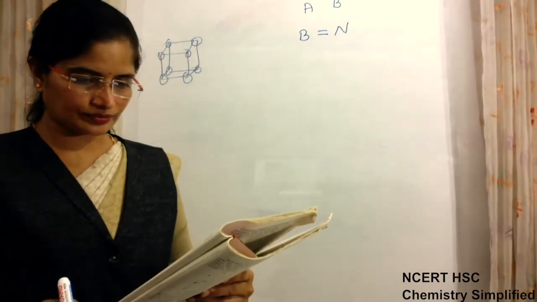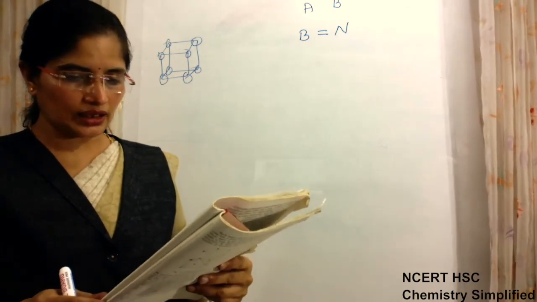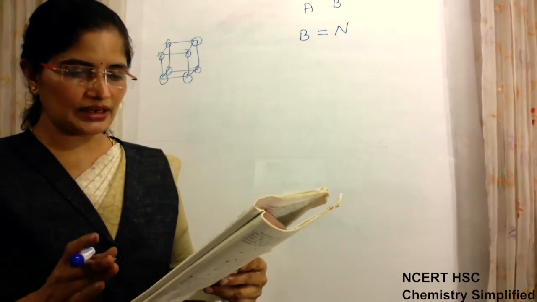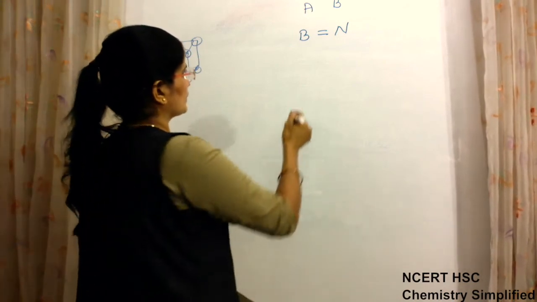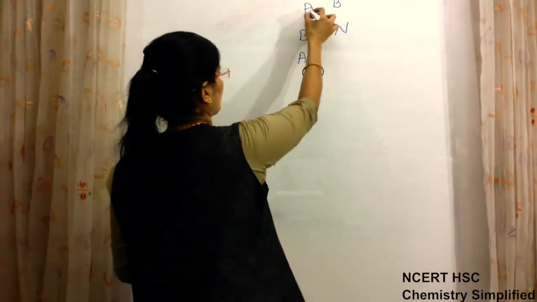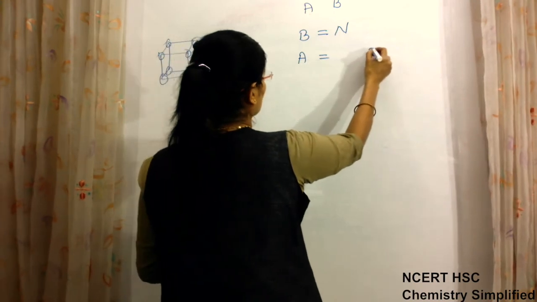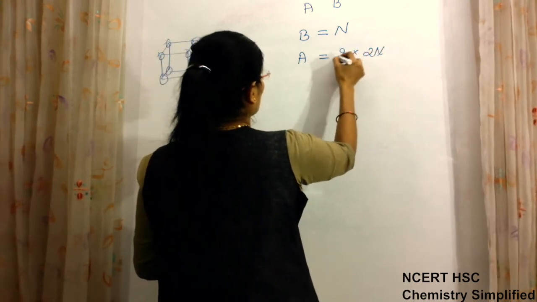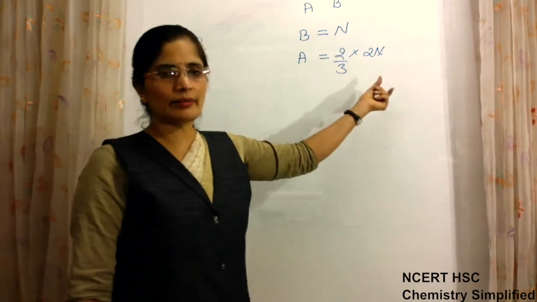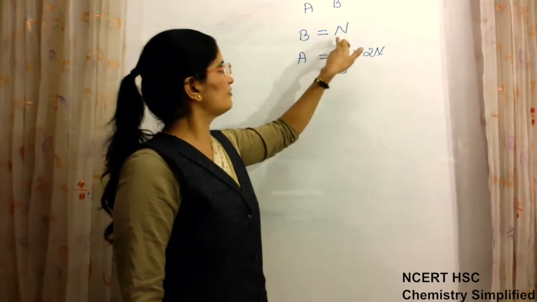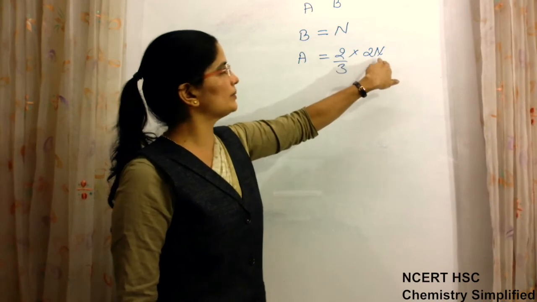Then the particles of element A occupy 2/3 of the tetrahedral voids. How many tetrahedral voids will be there in this crystal? If particles are n, tetrahedral voids will be 2n.